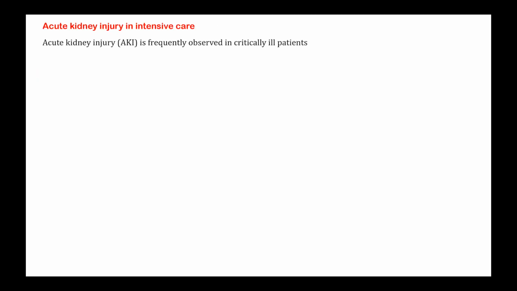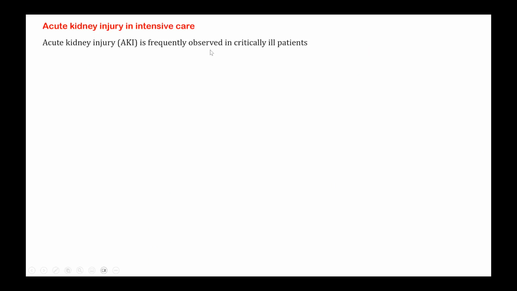So acute kidney injury in intensive care. If this is the word, then you have to modify your answer slightly. What are the conditions of patients in intensive care which can result in acute kidney injury?